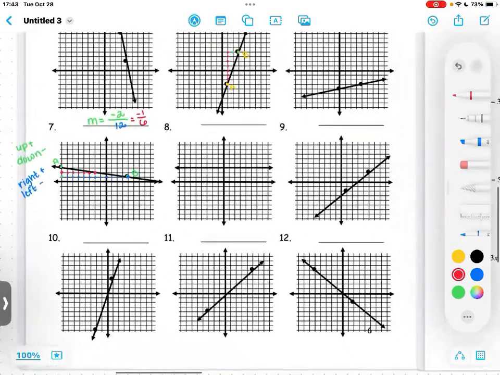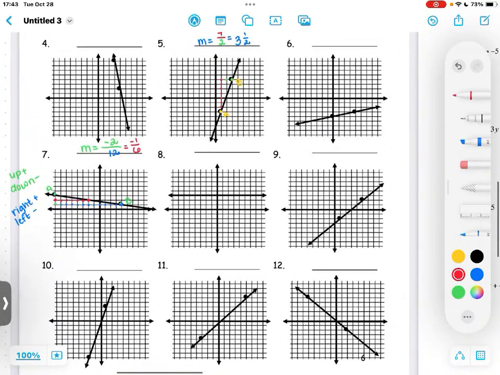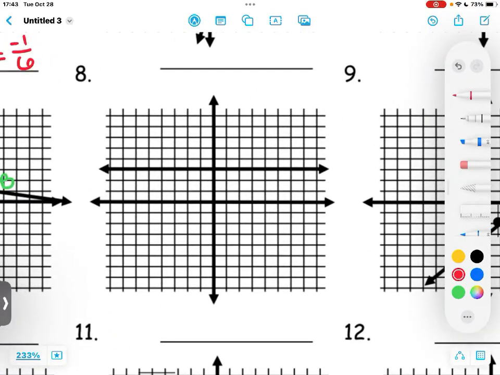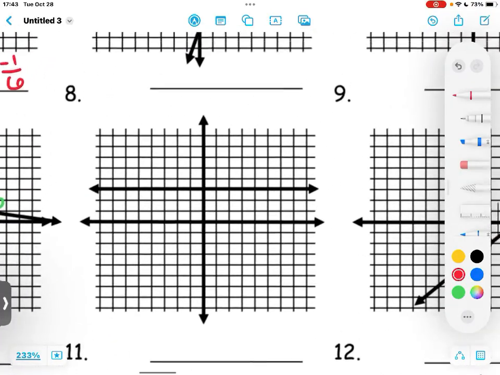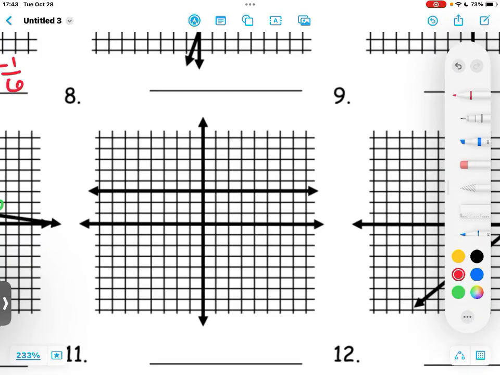I will actually go back and look at number 8 just to kind of explain to you what the slope would be and physically write out our rise over run. With this slope, notice we're not really given any 2 points. That's because this is a special kind of slope. Special slope.